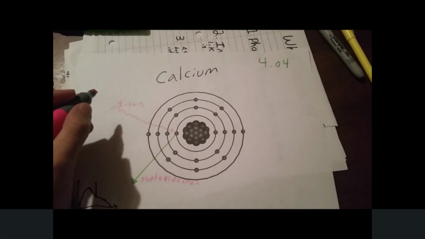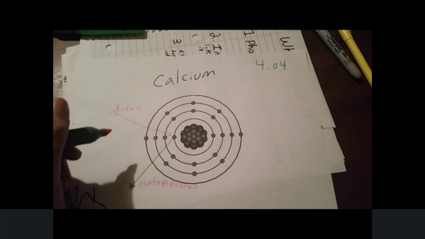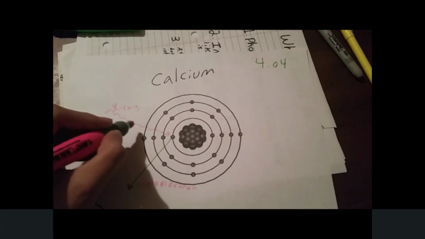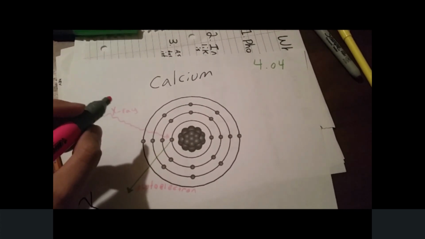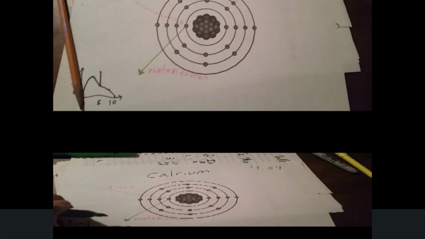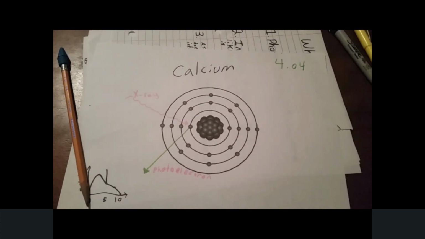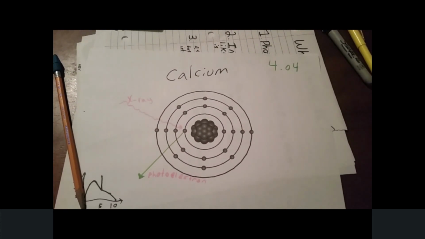So basically, an incoming X-ray or incident photon comes in and strikes an inner shell electron. Once it's knocked out, it becomes a photoelectron. So basically, this photoelectron results in an ionized atom with a positive charge.